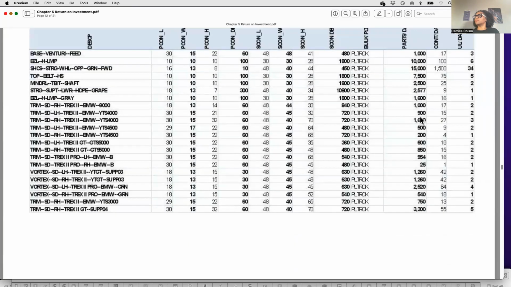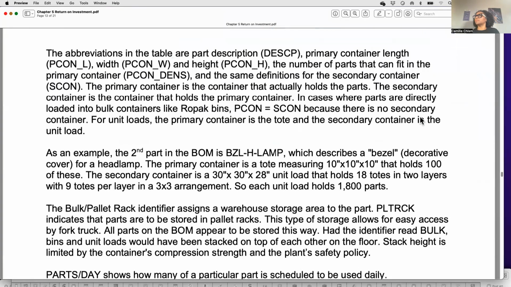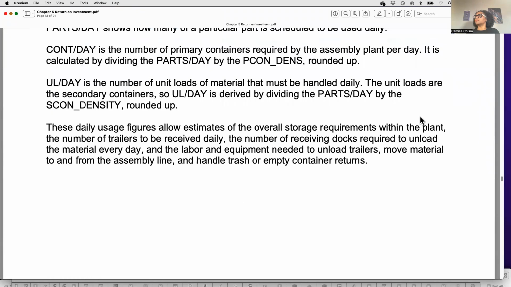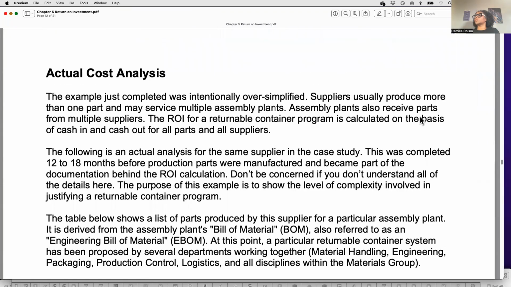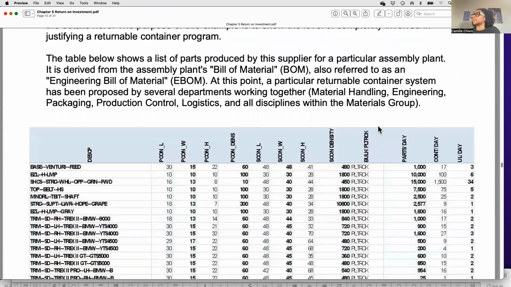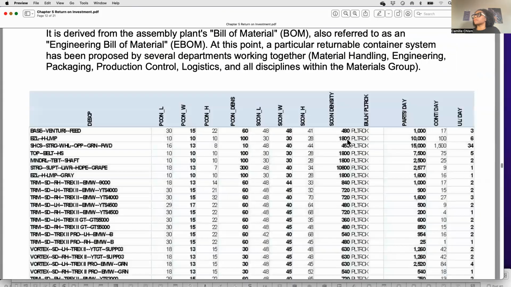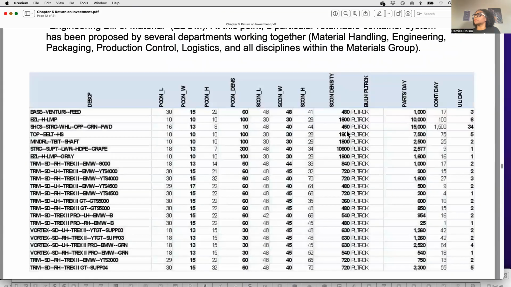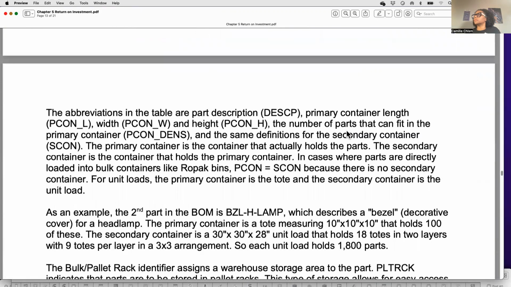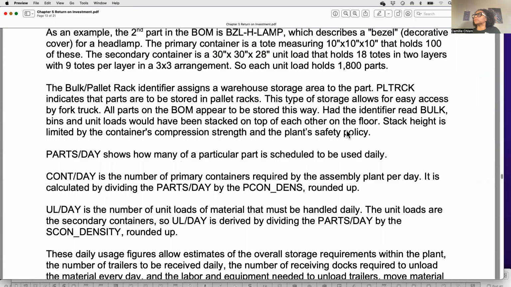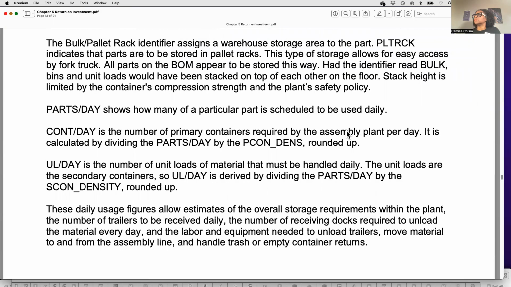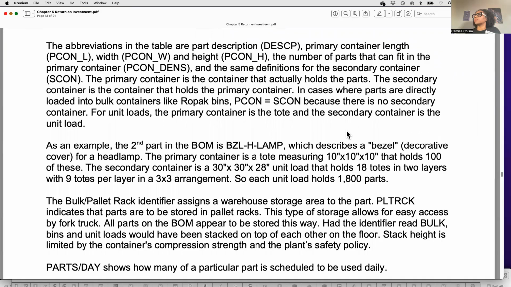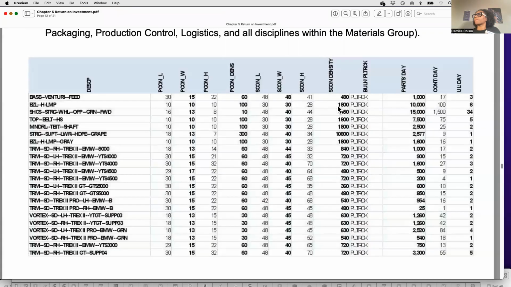Doesn't sound right. Doesn't add up. Parts per day by the S-con density. Okay, I'm so sorry about that. Your S-con density, which is 1,800. Okay, so we're going to take the S-con density, which is 1,800, and divide it by your parts per day.